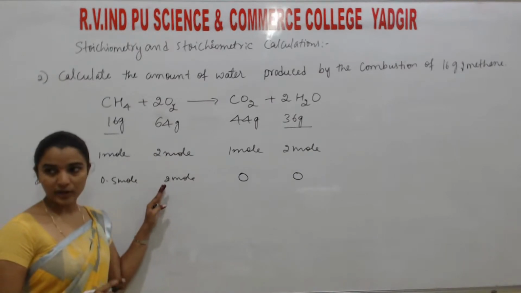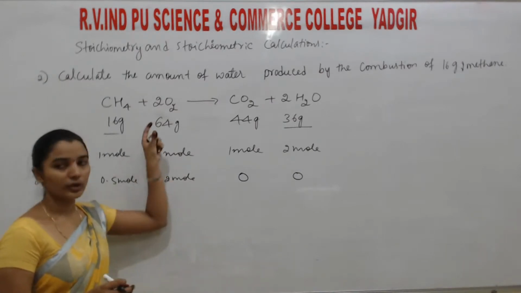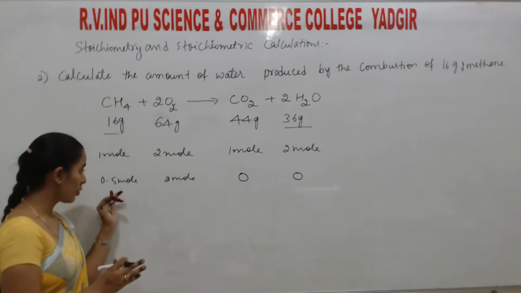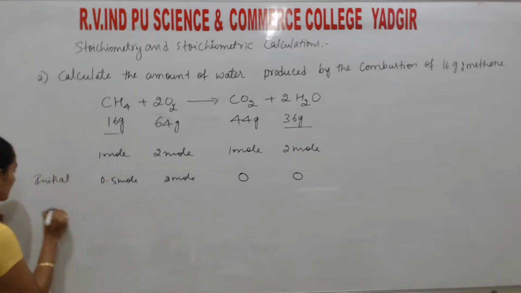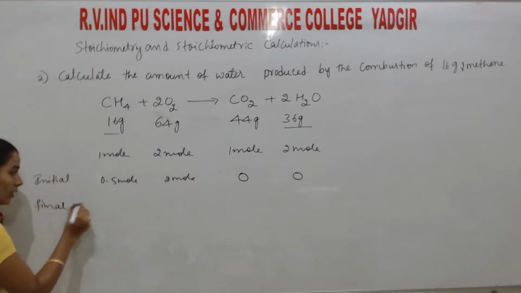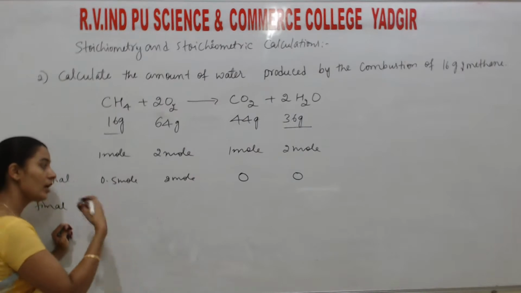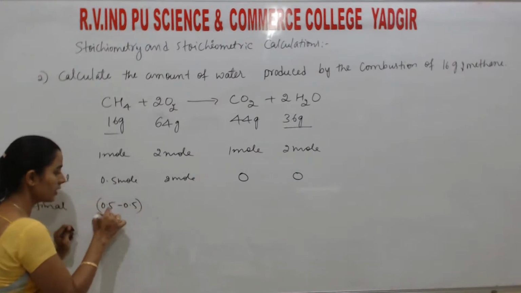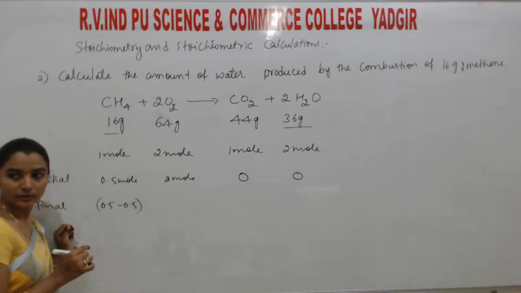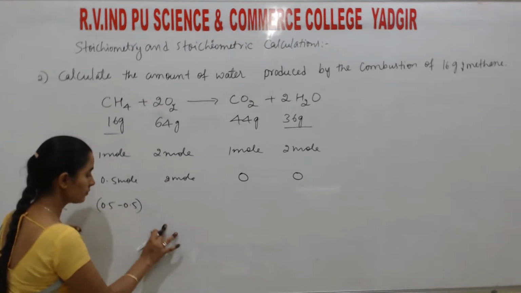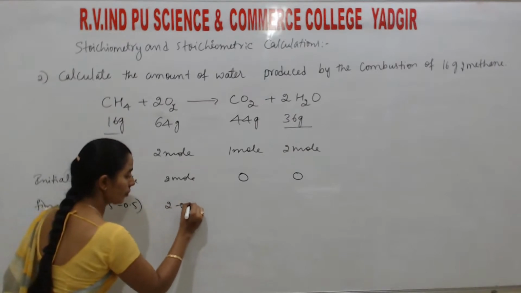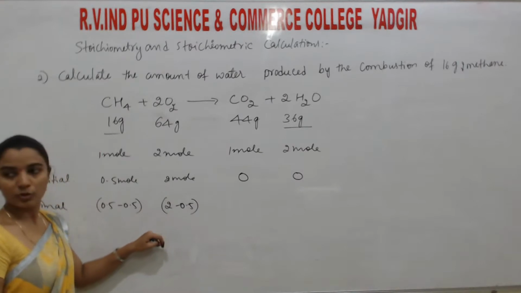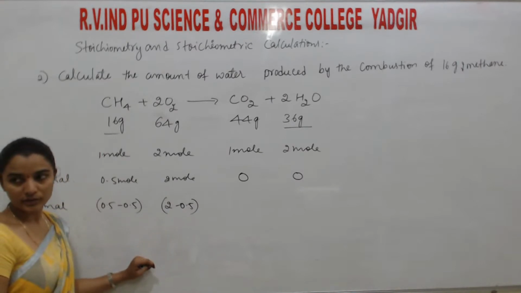Only reactants are there at time zero, just mixing CH4 and O2, so there is no reaction yet. After some time, that is the final value, it is reacted. Methane completely reacts, so 0.5 minus 0.5. Oxygen: 2 minus the amount reacted.